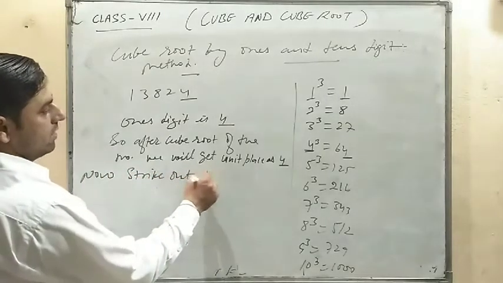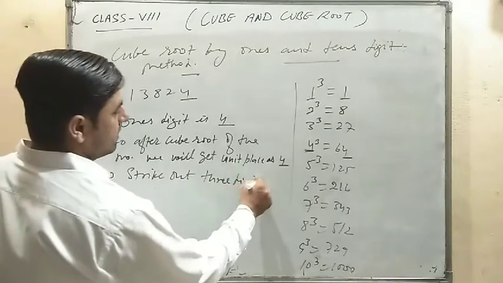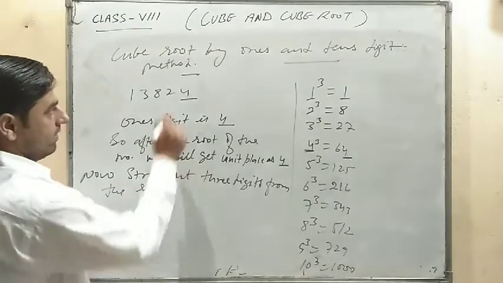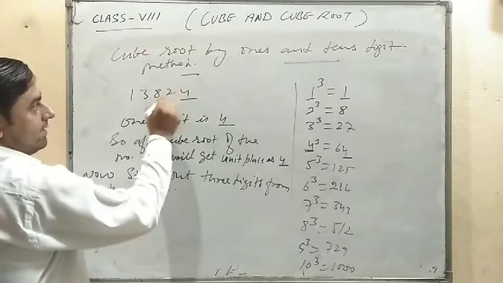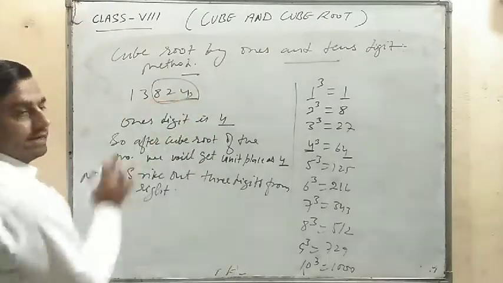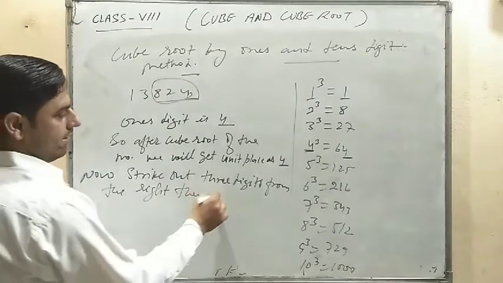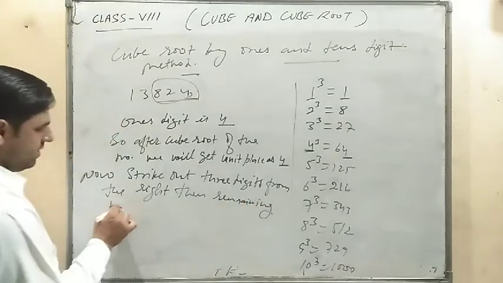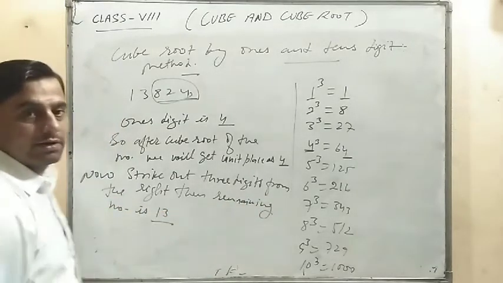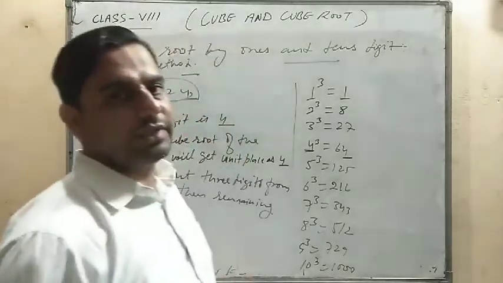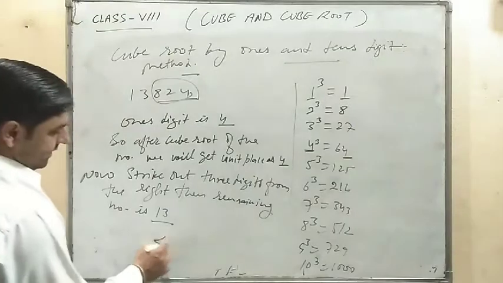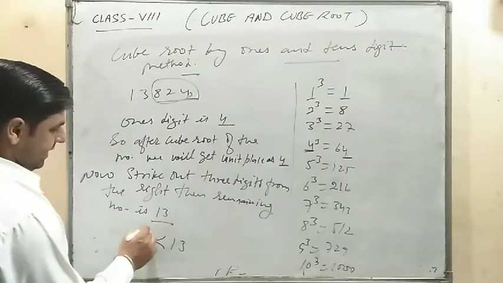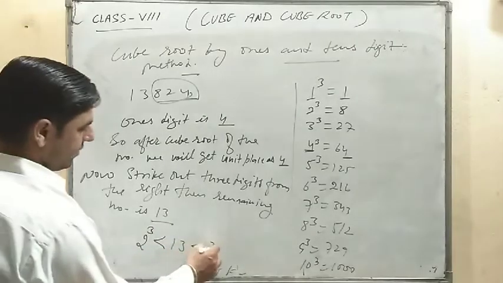Now we will strike out 3 digits from the right side. Then the remaining number is 13. Now we will check 13. It lies between the cube of 2 and the cube of 3.